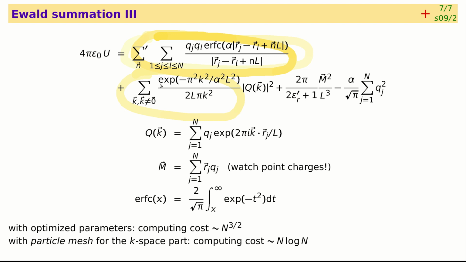The second term is something that may remind you of the Fourier transform or Fourier series. And here comes a trick. Instead of calculating this directly, I can use certain smart tricks to improve the efficiency, to use the so-called fast Fourier transform.